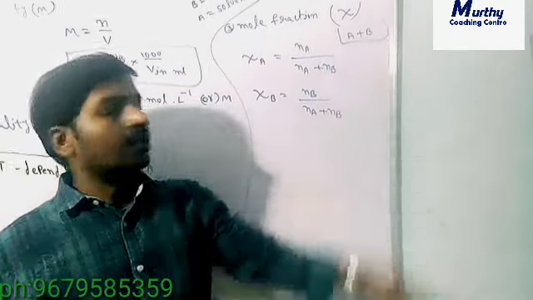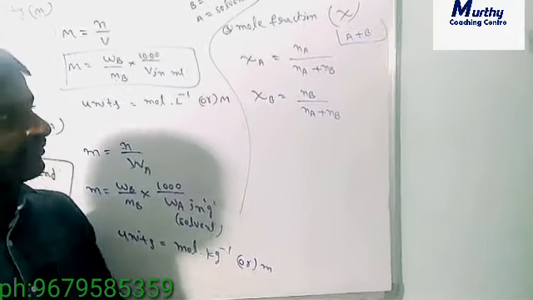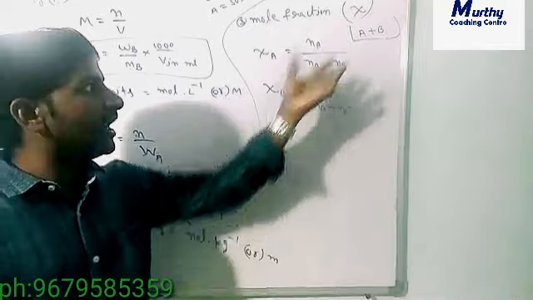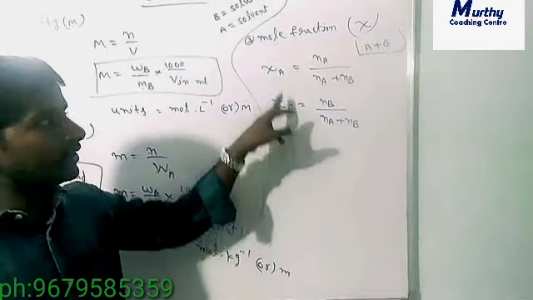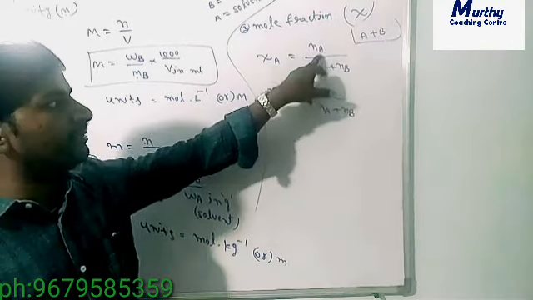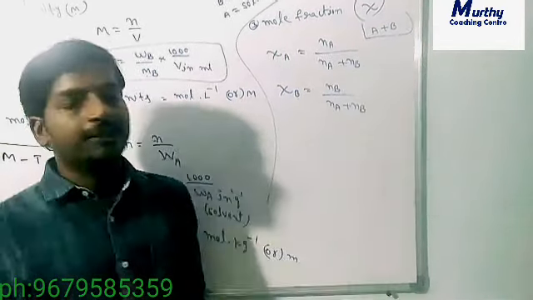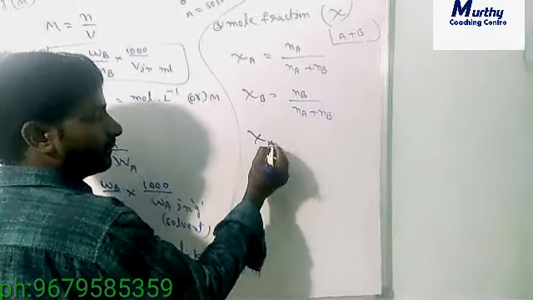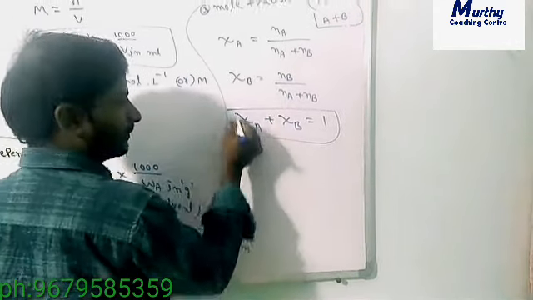So mole fraction of A is Na by Na plus Nb, and mole fraction of B is Nb by Na plus Nb. The total mole fraction should be equal to 1: mole fraction of A plus mole fraction of B is equal to 1.